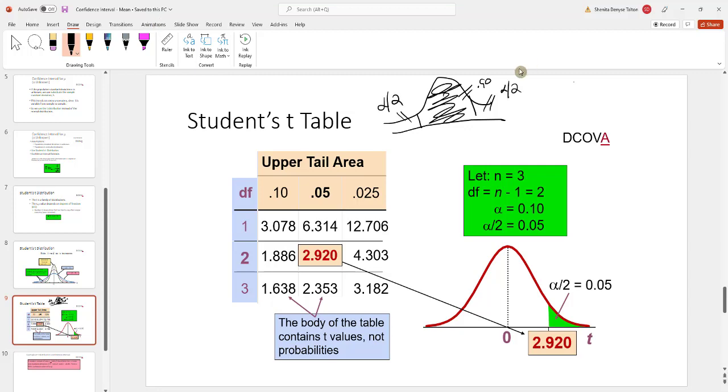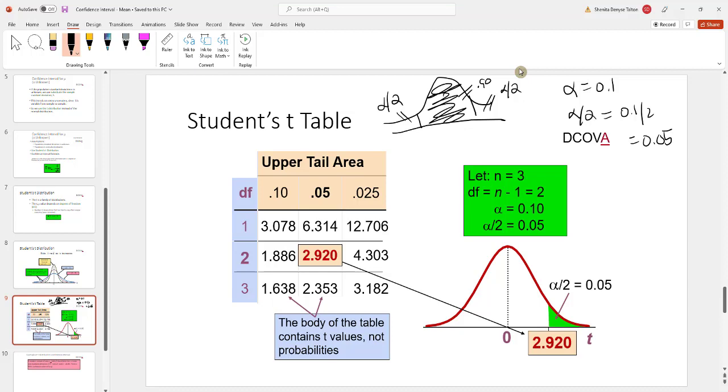You take alpha, which is 0.1, and divide it by 2, which gives 0.05. We need to figure out the critical value, or the t-value, that corresponds to that 0.05.